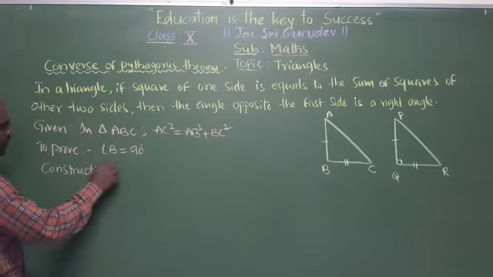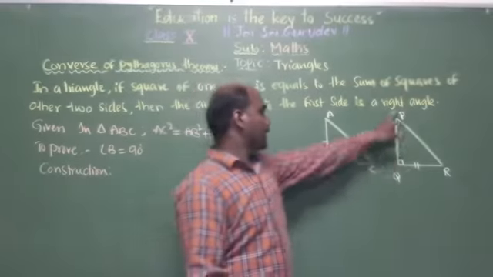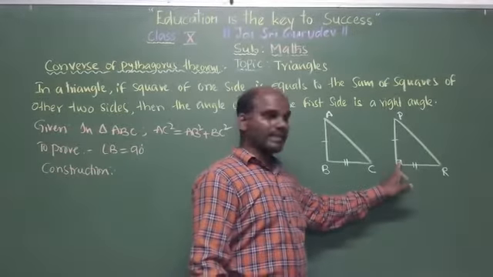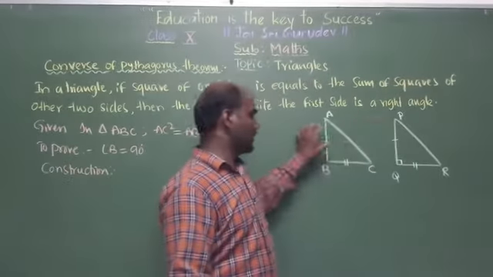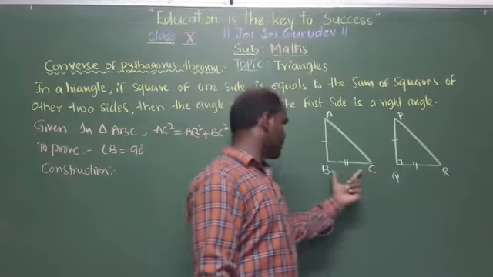To prove this, we have to do some construction. In this construction, we draw a triangle PQR such that angle Q is 90 degrees, as well as PQ is equal to AB, and QR is equal to BC.